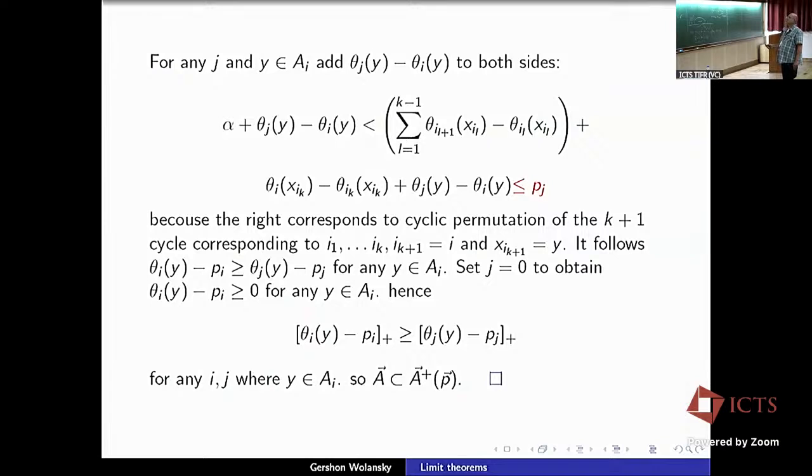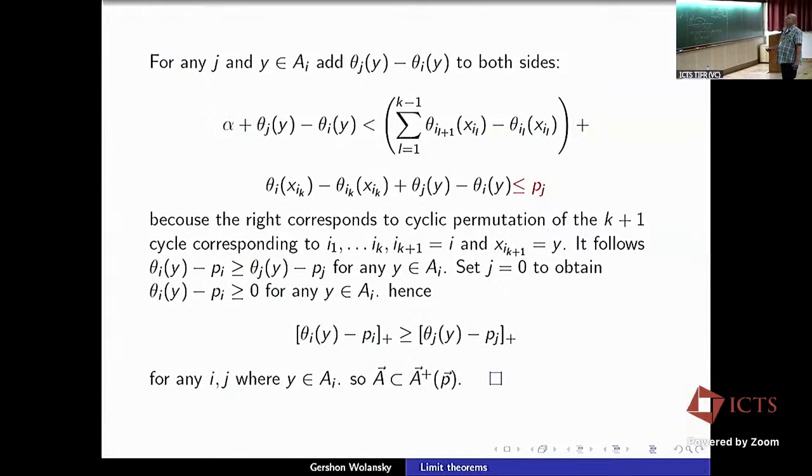Yes, so this is just a k plus 1 cycle, and by definition, pj was corresponding to j, right? So by definition, this is smaller or equal to pj. So it follows that theta iy minus pi is bigger or equal to theta jy minus pjy. This is for any y in A I.